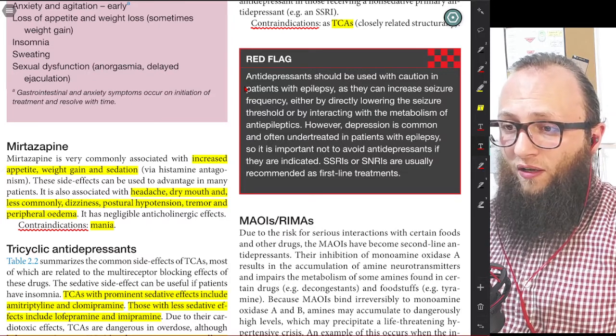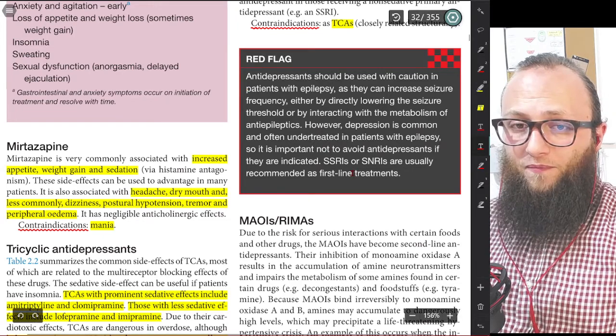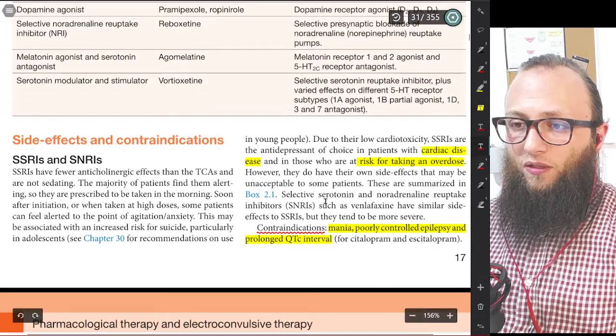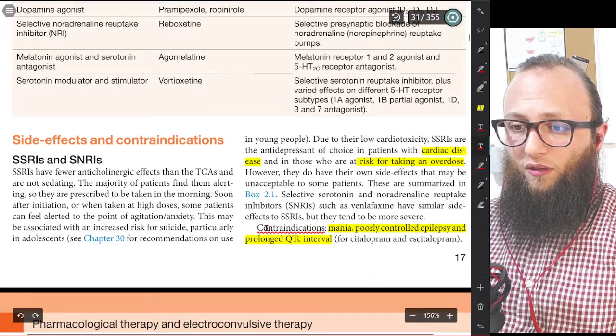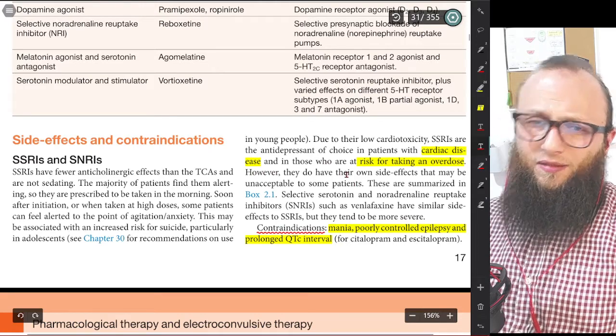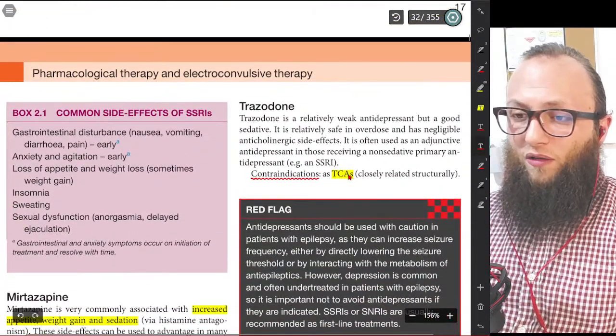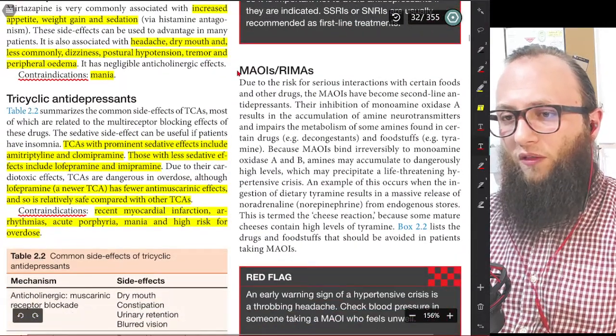SSRIs or SNRIs are usually recommended as first-line treatment. So although it was written here as a contraindication, epilepsy is a relative contraindication according to the case. We'll talk about these drugs one by one later on, inshallah.